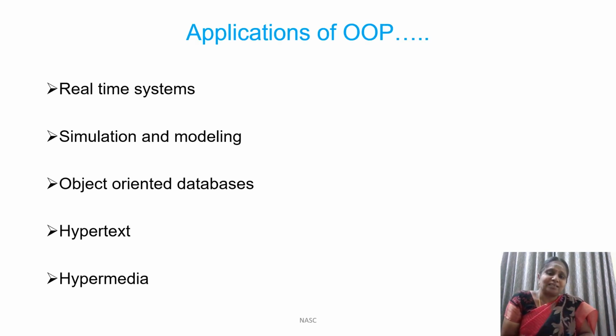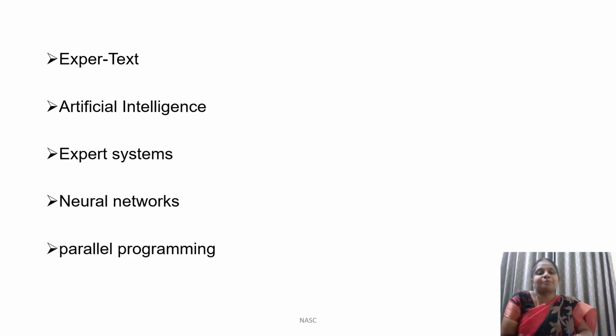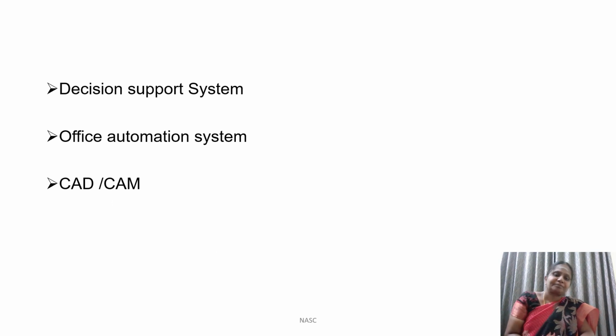So these are a few applications where we can apply object-oriented programming: real-time systems, simulation and modeling, object-oriented databases, hypertext, hypermedia, expertext, artificial intelligence, expert systems, neural networks, parallel programming, decision support systems, office automation systems, and CAD/CAM sector.